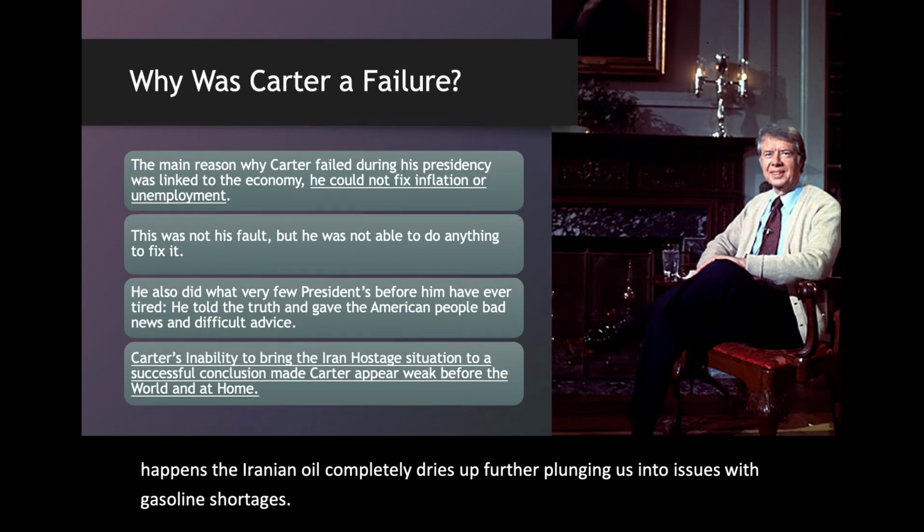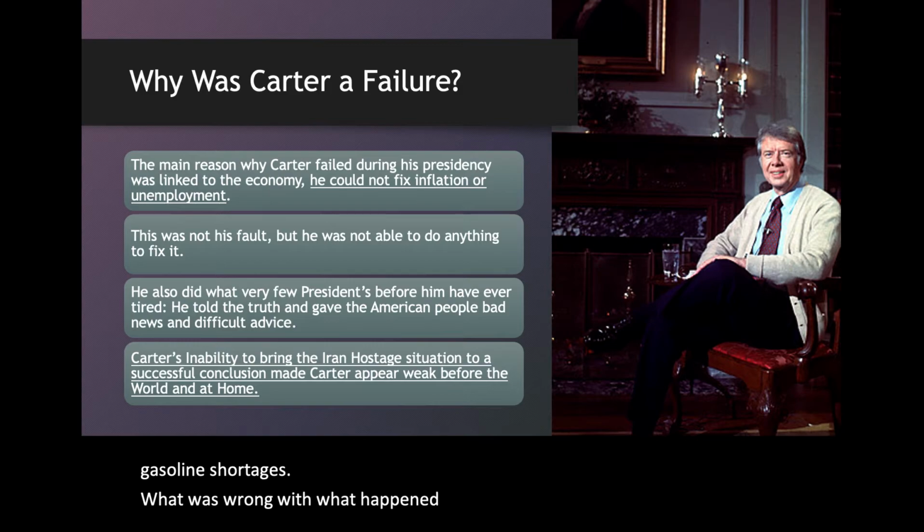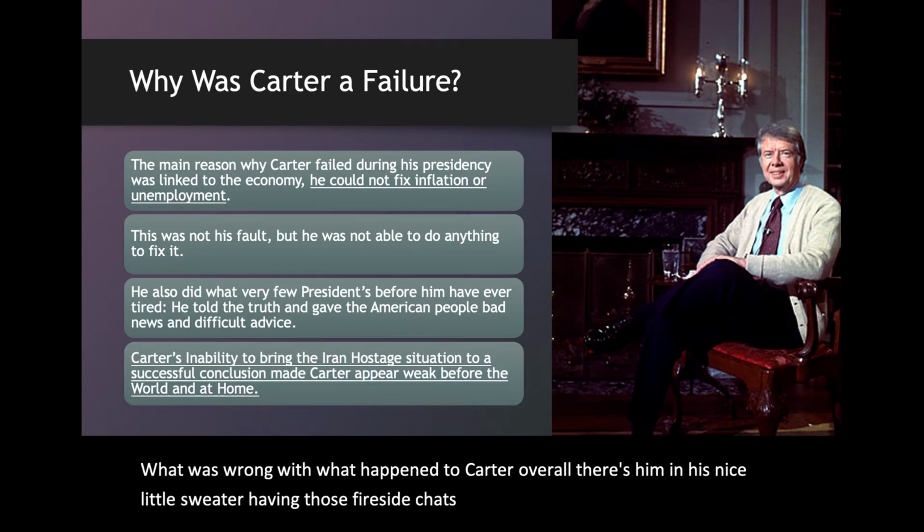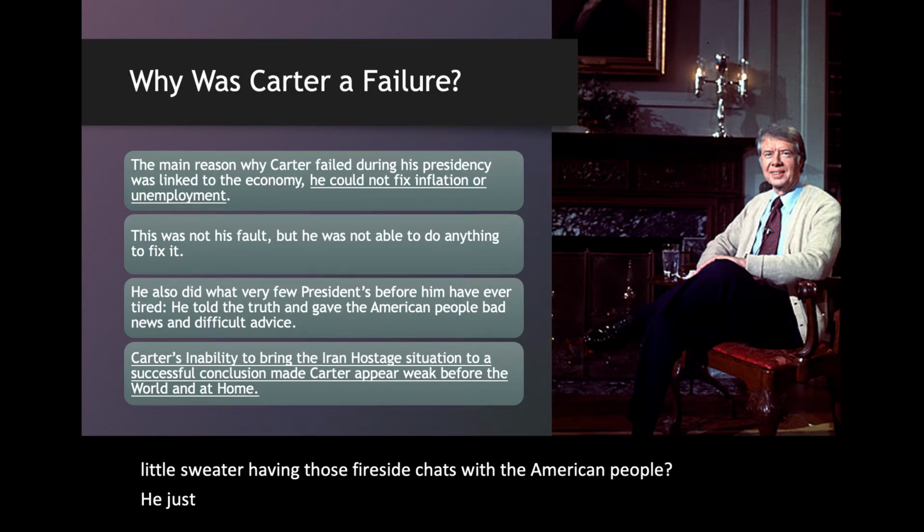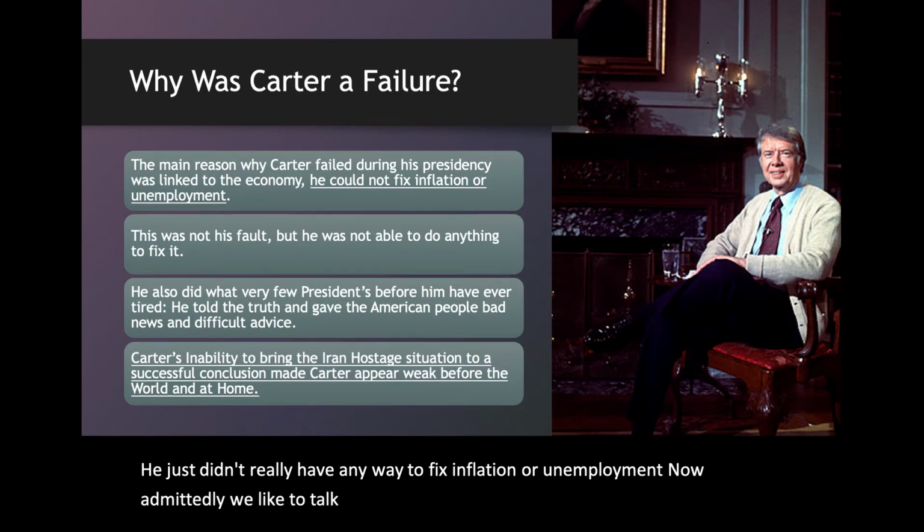So what was wrong with what happened to Carter? Overall, there's him in his nice little sweater having those fireside chats with the American people. He just didn't really have any way to fix inflation or unemployment. Now, admittedly, we like to talk about presidents having a lot of impact on the economy. They usually don't.